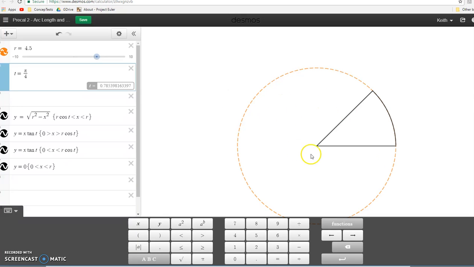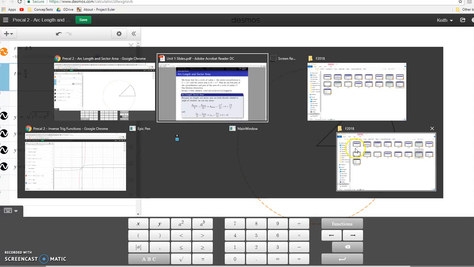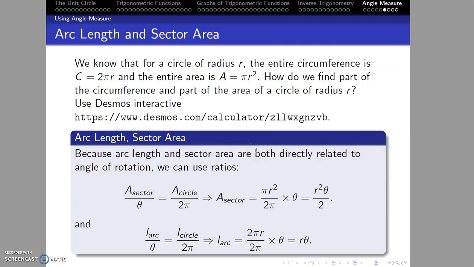So we have a very clear one-to-one correspondence between what percentage of the rotation you're doing, and what percentage of the circumference you have, and what percentage of the area you have. So we have now established ratios. The area of my sector is to theta as the area of the whole circle is to 2 pi, because if I had 2 pi here, I'd have the whole circle.